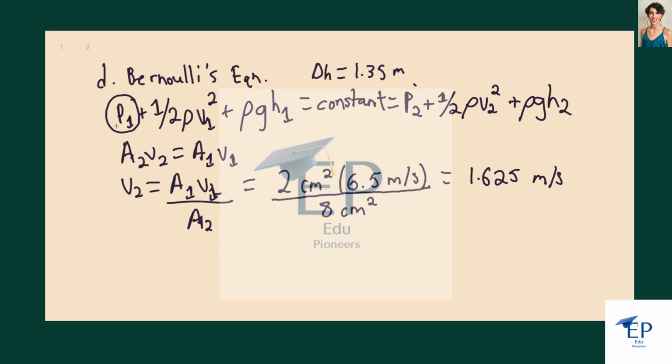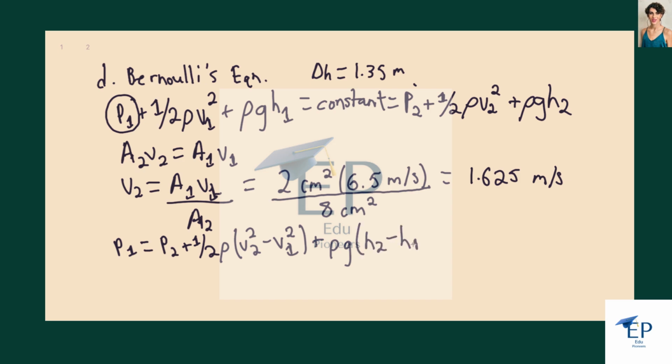Now we have to solve for P sub 1. So P sub 1 could equal P sub 2 plus half times the density of V sub 2 squared minus V sub 1 squared plus the density times the acceleration due to gravity of H sub 2 minus H sub 1.